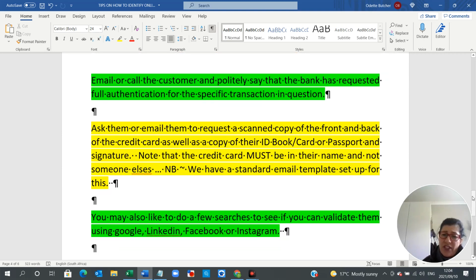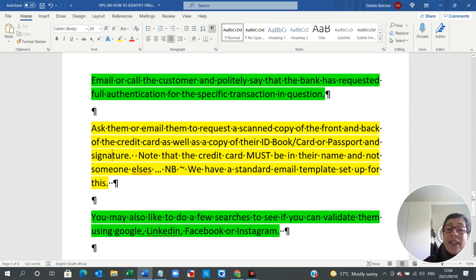These are just a couple of tips of what you could do. You could email, which is probably better because you have proof there by email, or you could call the customer and politely say that the bank has requested full authentication for the specific transaction in question. I've done it by email quite a few times, and I've also maybe just picked up the phone. That's a good idea as well.